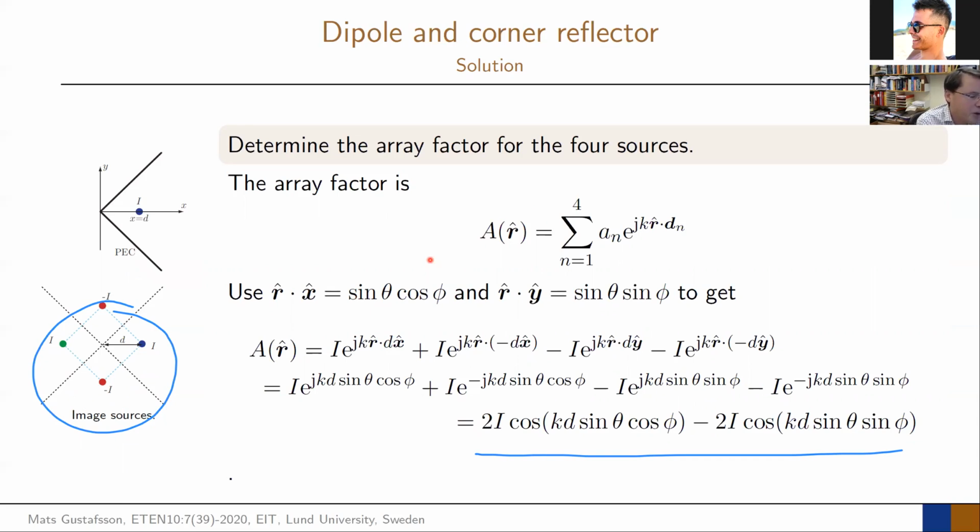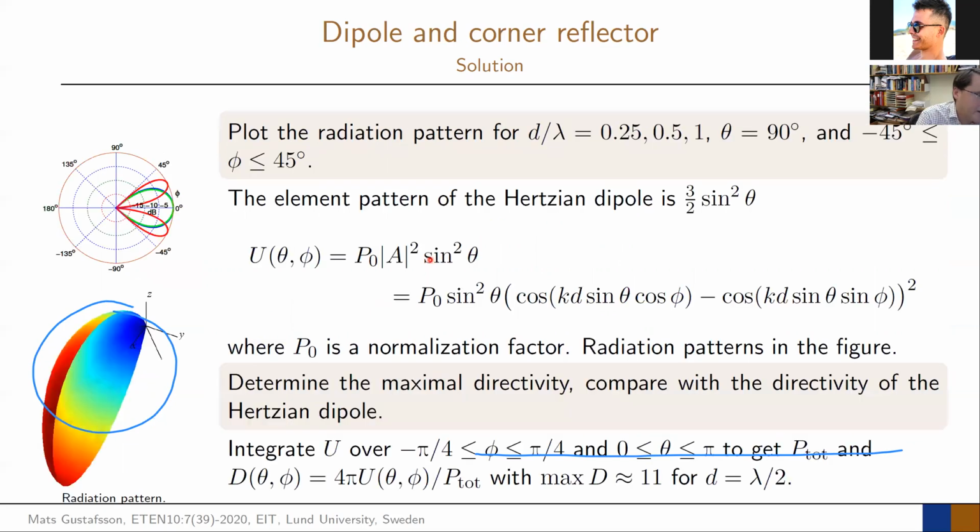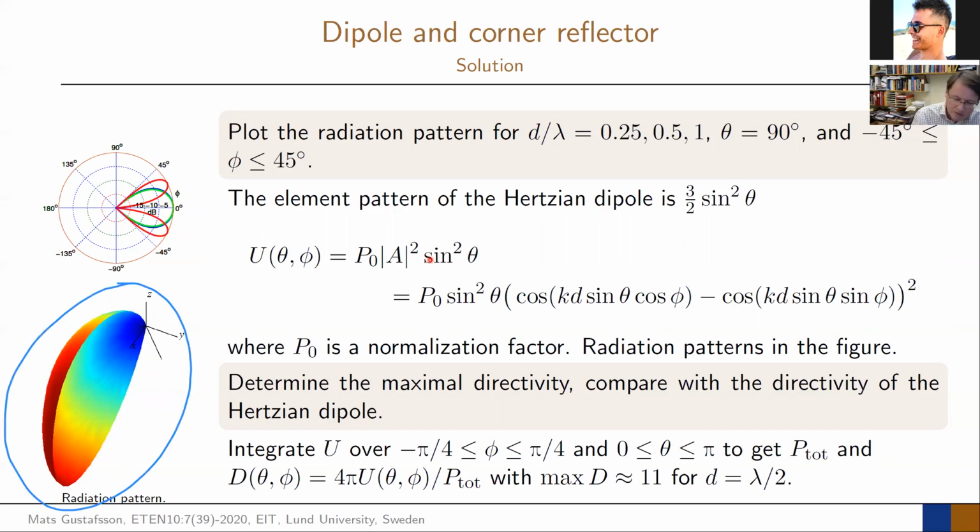I can multiply with the element pattern, for example a Hertzian dipole, and I can get out a fairly nice radiation pattern. We are out of time, so I do this quite fast, but we will come back to this example. In the end, you can see the radiation intensity that comes out, a fairly complicated formula, but easy to throw into MATLAB or something. And here is one example of the radiation pattern that comes out.